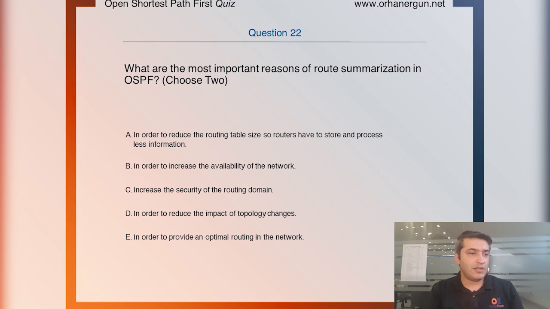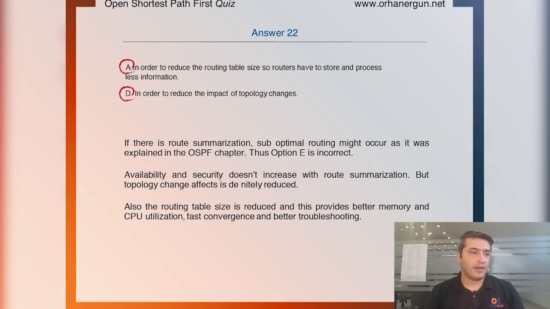In order to increase the availability of the network? No, it's not related to availability. Increase the security? No. Even if there is an impact on security, we are not doing it for this purpose. We are doing it for topology and less reachability information. In order to reduce the impact of topology changes, yes.